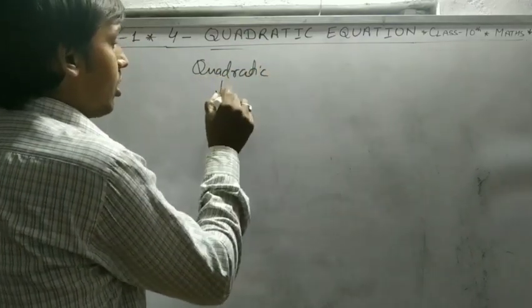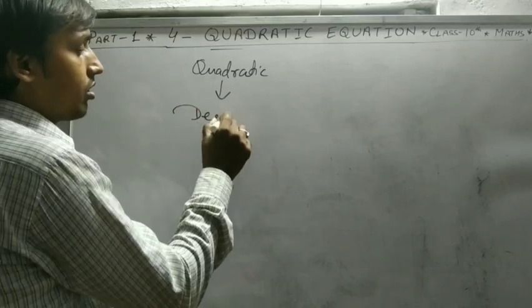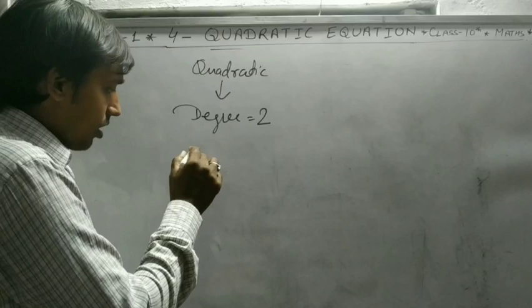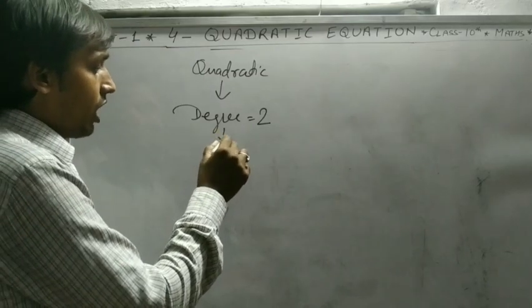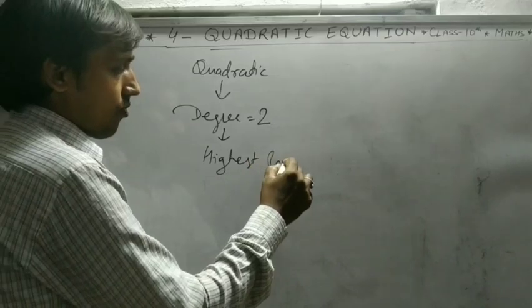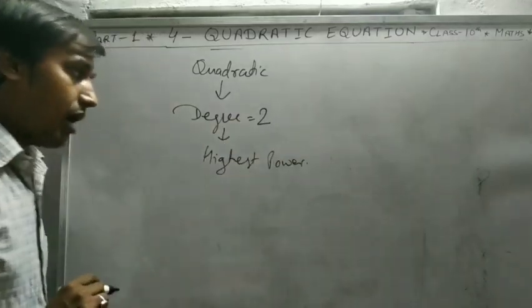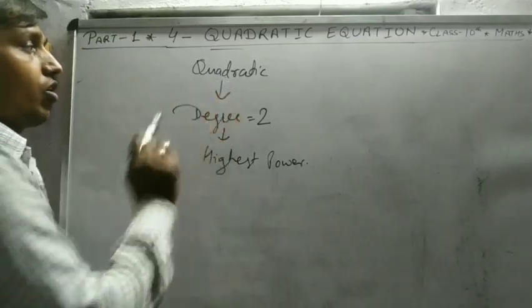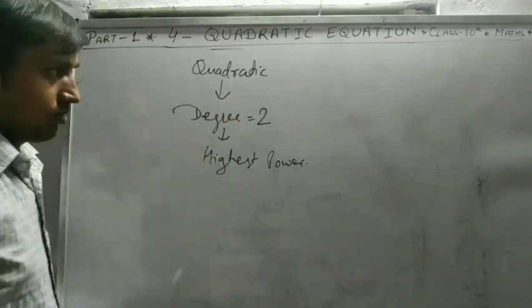Quadratic means degree 2. Degree 2 means highest power. The highest power of the polynomial is called the quadratic equation or quadratic polynomial.